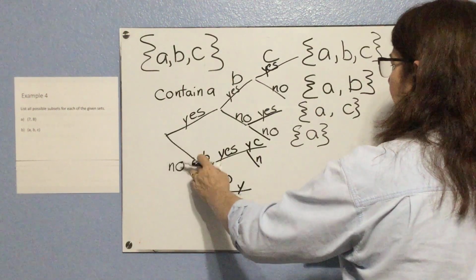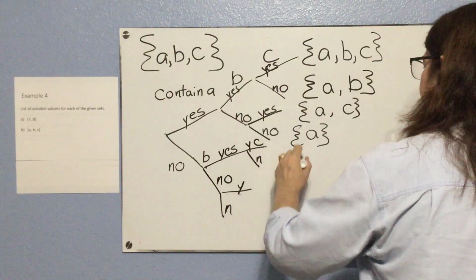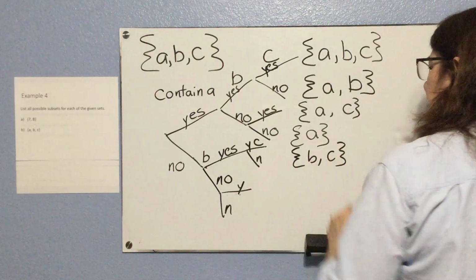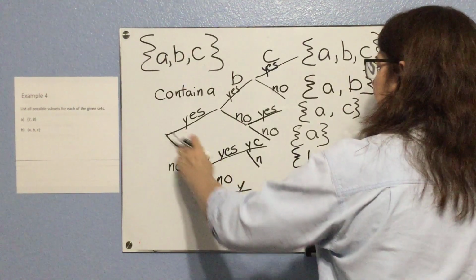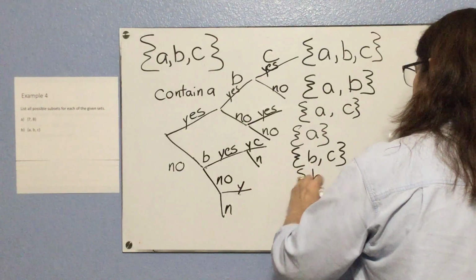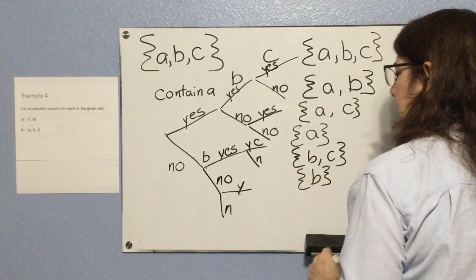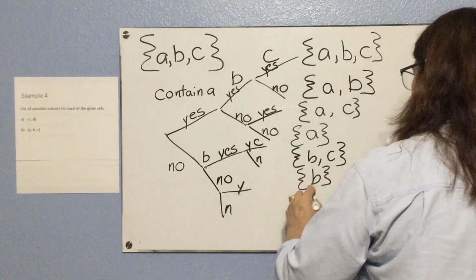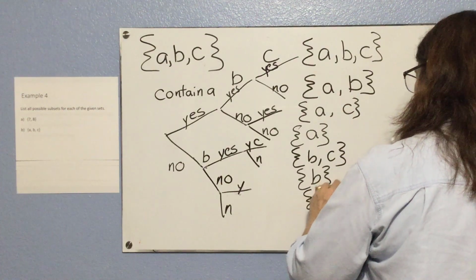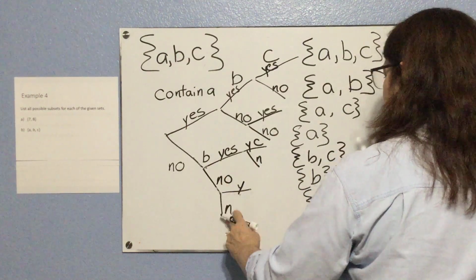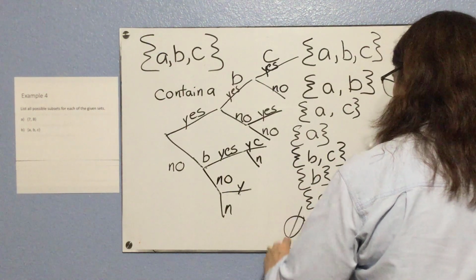But here we have no A, yes B, yes C. So that would be B, C. Then we have no A, yes B, no C. So that would be just B. No A, no B, but a C. So that would be set C. No A, no B, no C. Empty set.